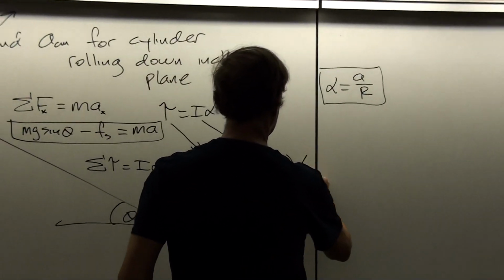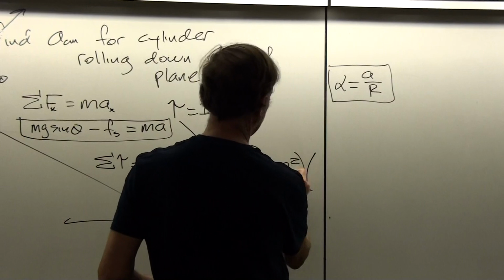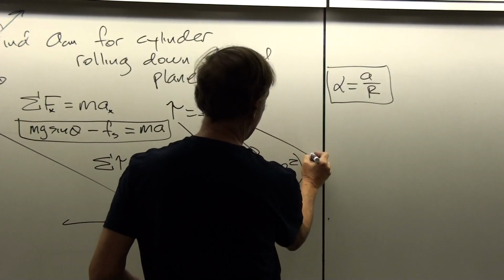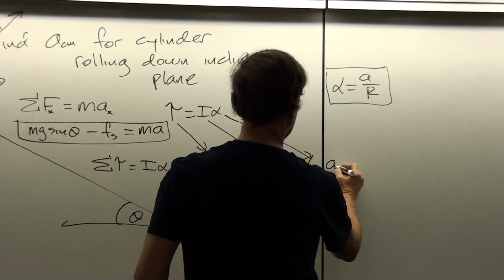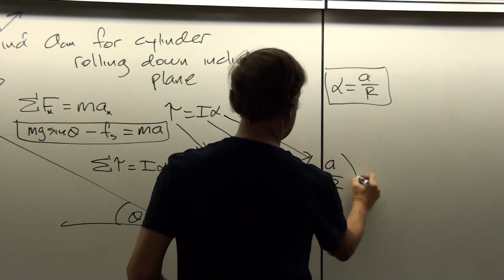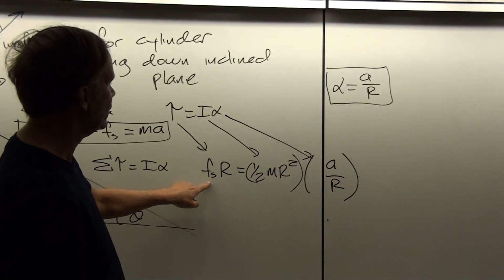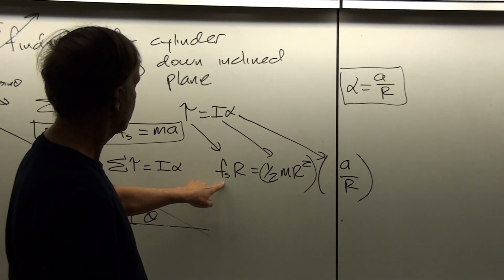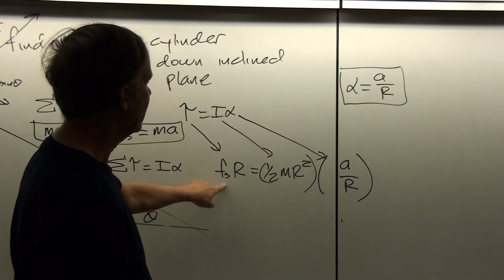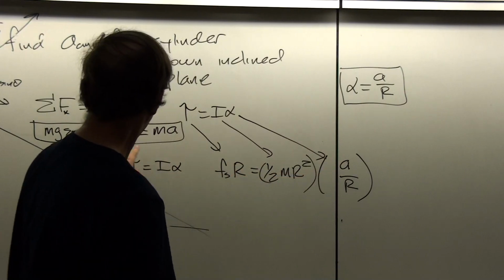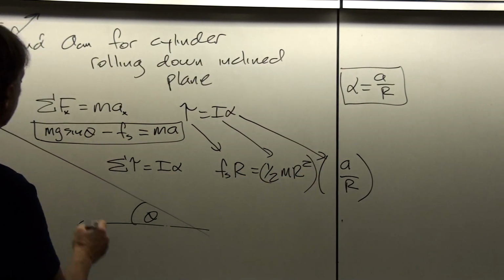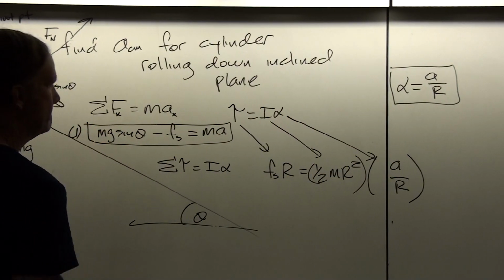So I'll write this then as 1/2 mr squared for I times alpha, which we'll write as A over R. So now what we have is an expression for the static friction force that is a function of the acceleration, which we can plug back into equation 1.